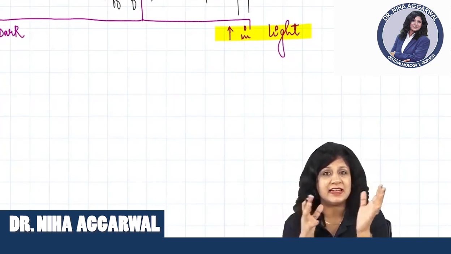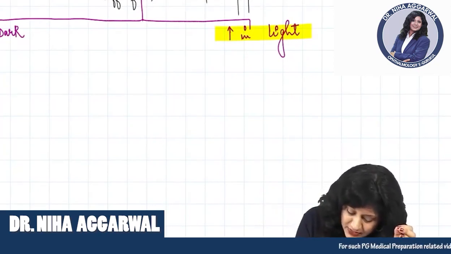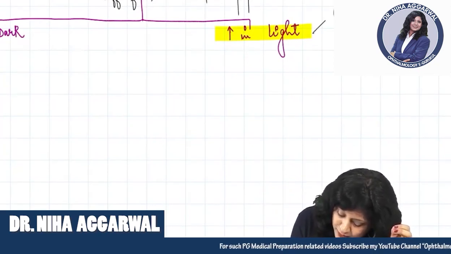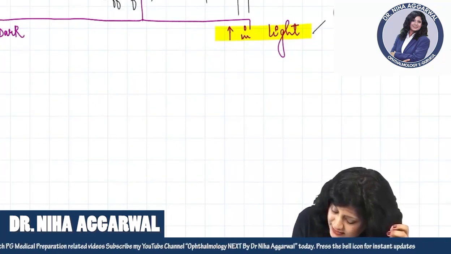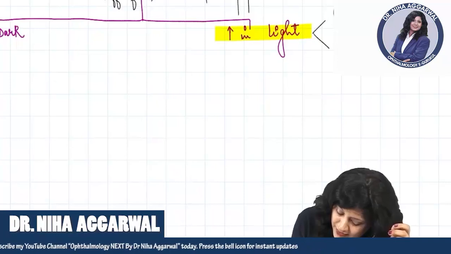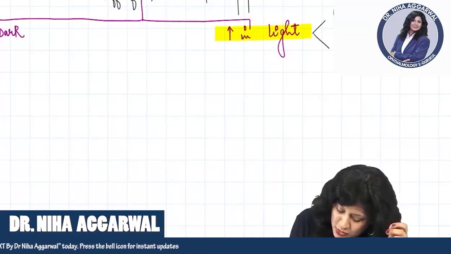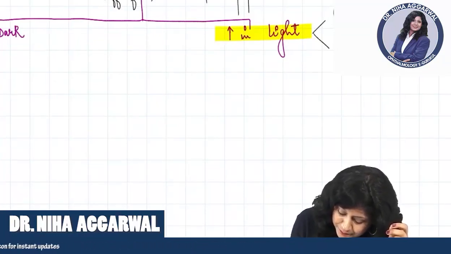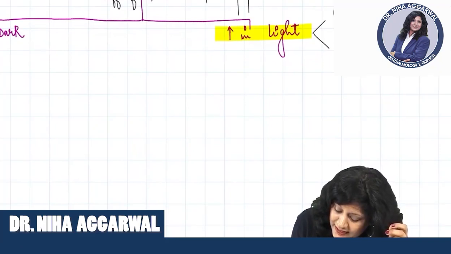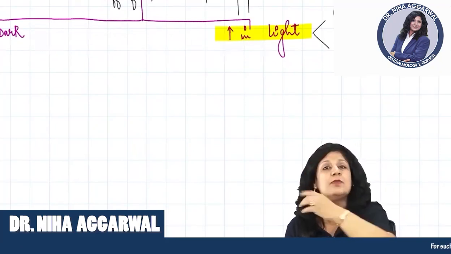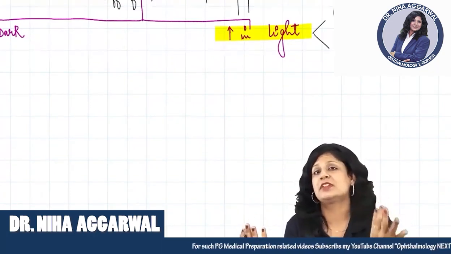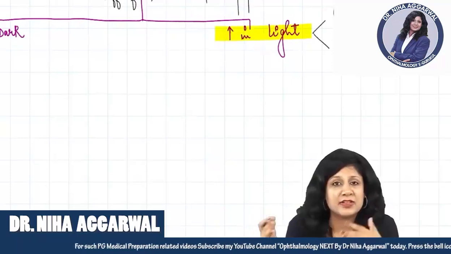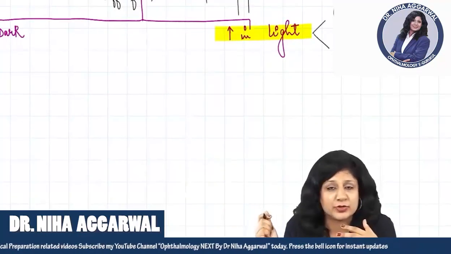Anisocoria increasing in light means that the normal pupil is constricting when facing the light, but the abnormal one is not constricting. So when the light is shown, the normal one constricts even more and the abnormal one does not constrict. Obviously this will increase the difference in size and we will have more anisocoria.